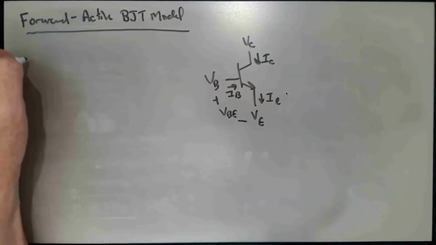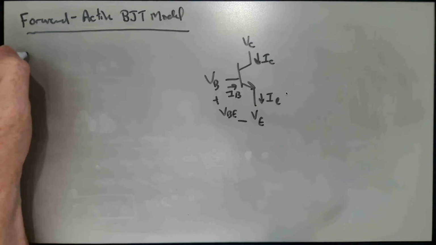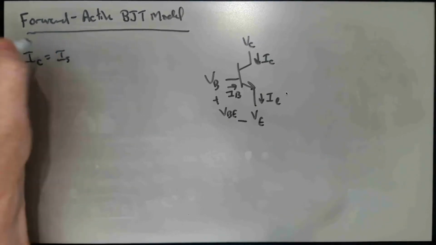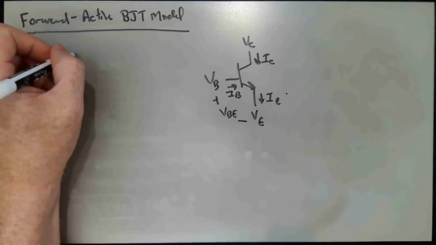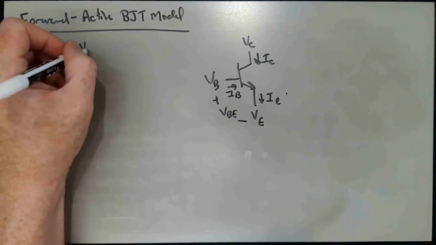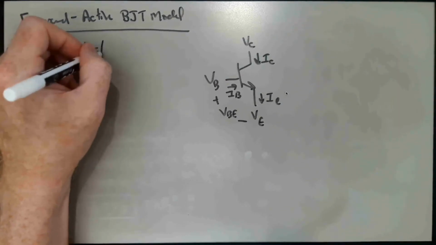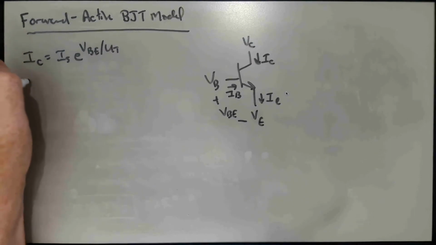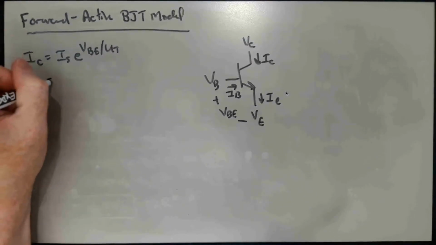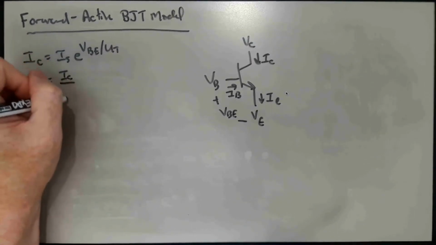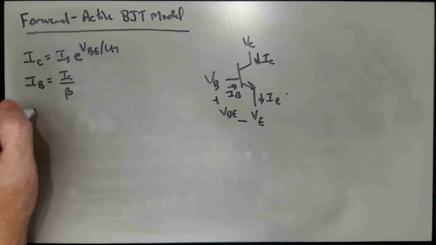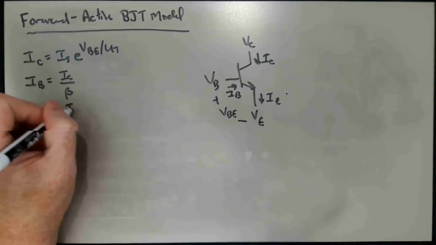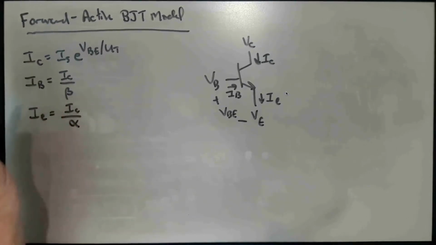And the model for the forward active region is that the collector current is equal to a saturation current times e to the VBE over the thermal voltage UT. IB is equal to IC over beta, and IE is equal to IC over alpha.